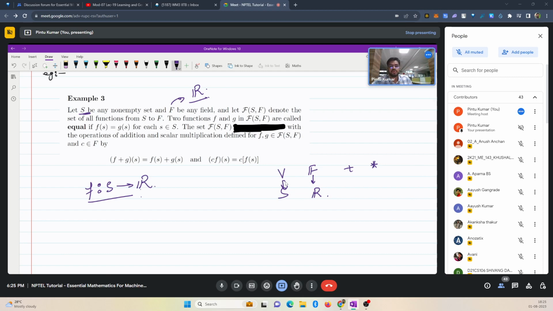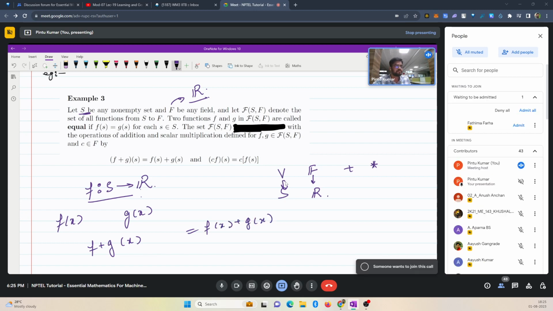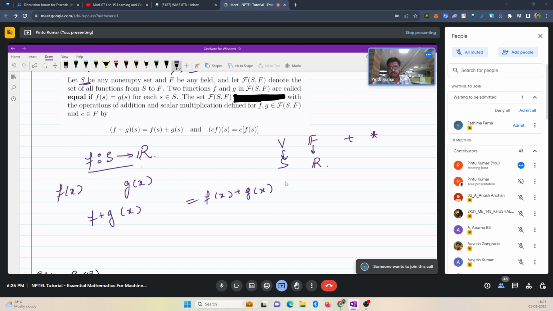Let's say we have f of x and g of x; we can define (f plus g) of x as f of x plus g of x. And we can define scalar multiplication by first calculating f of x and then multiplying it by the scalar. This is sort of intuitive, right?